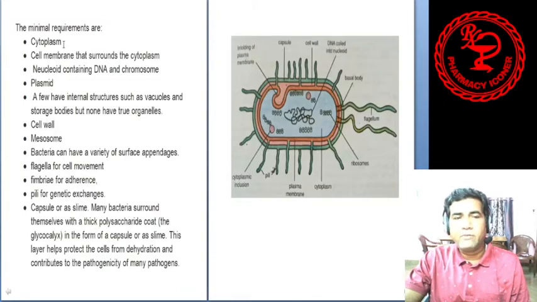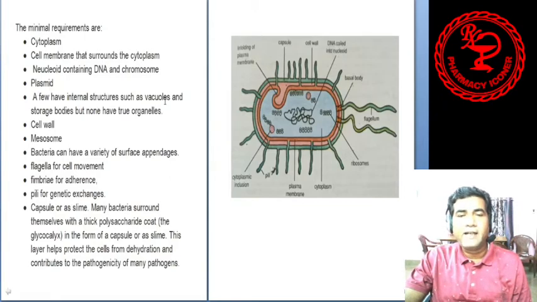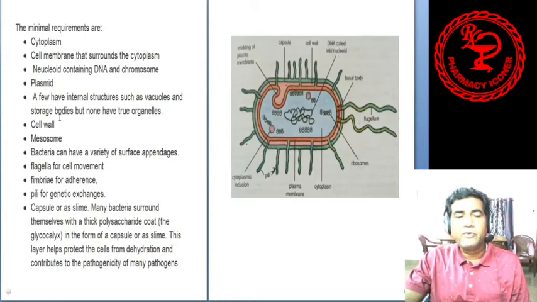There is cytoplasm, cell membrane, nucleoid, plasmid, cell wall, mesosome, and some surface appendages like flagella, fimbriae, pili, capsule. Some cells, however, have organelles like vacuole or some storage body, but these cannot be termed true organelles in the true sense.